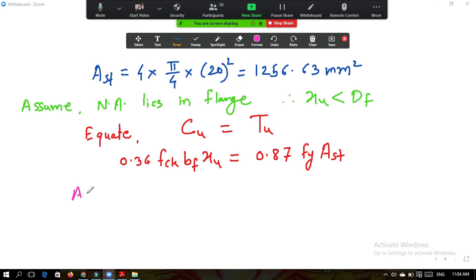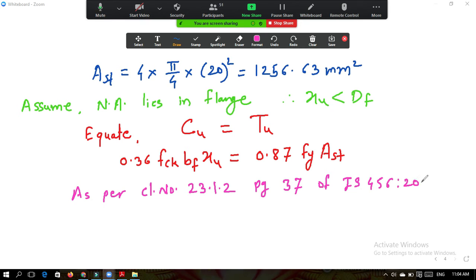So you can write as per clause number 23.1.2, page 37 of IS 456-2000. bf is equal to L0 by 6 plus bw plus 6Df.